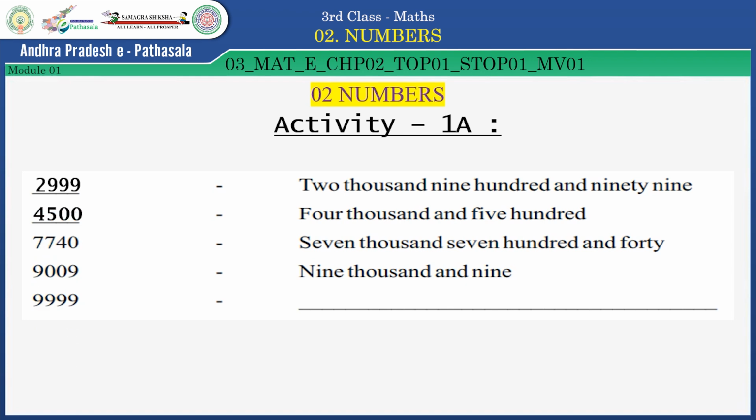Try to understand how they are written in words. 7 is in thousands place, 7 in hundreds place, 4 in tens place, and 0 in ones place. So, it is 7740. Similarly, next number can be written as 9009. Now, how do you read the last number? Yes, it is 9999.